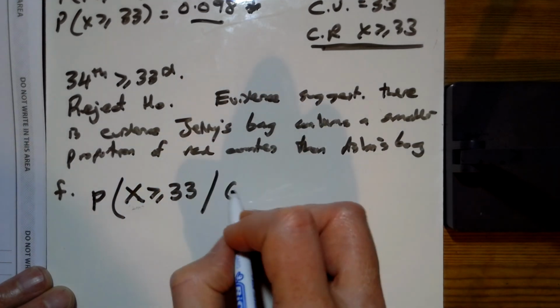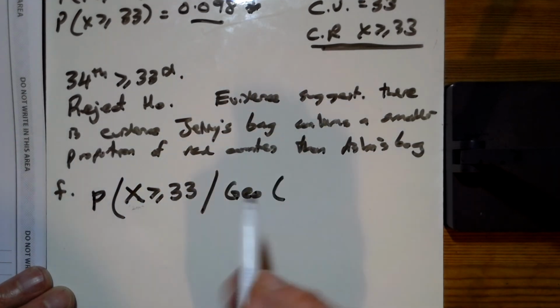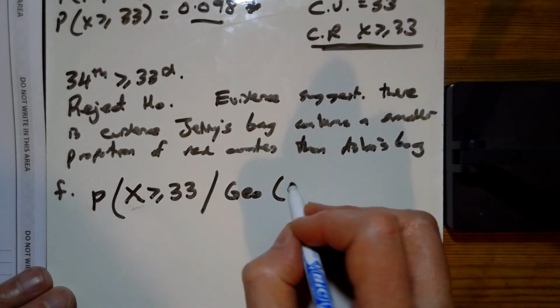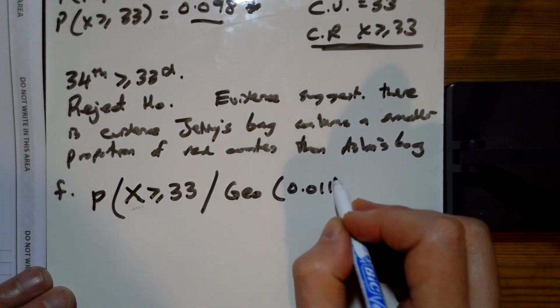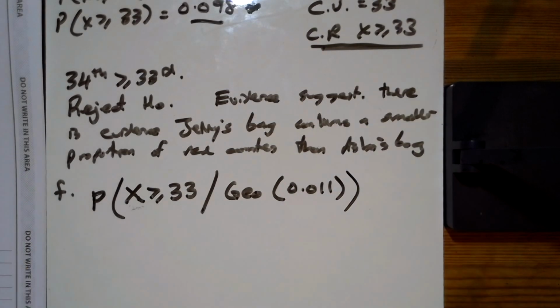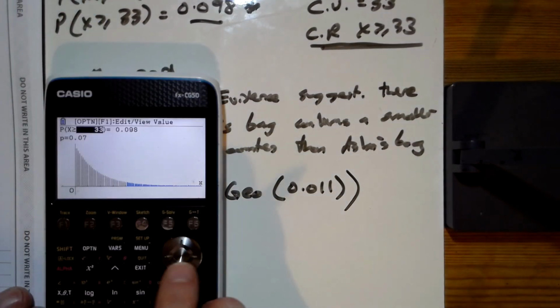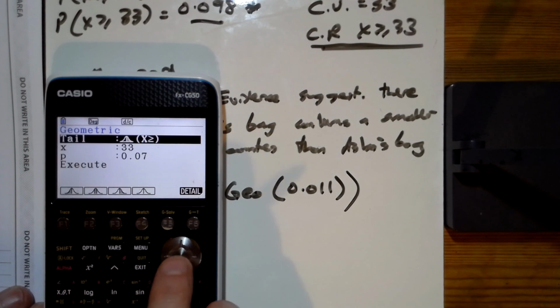Given that we had a geometric not of 0.07 from earlier, but of 0.111 from this one here. So all I'm doing is, I had that 33 there.